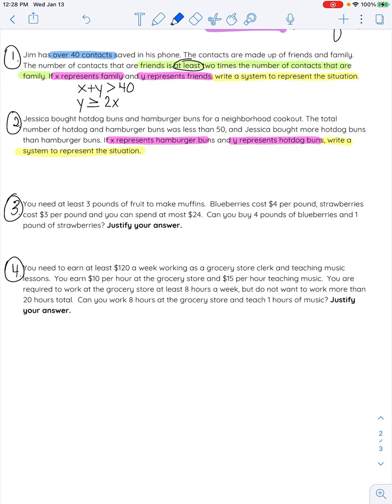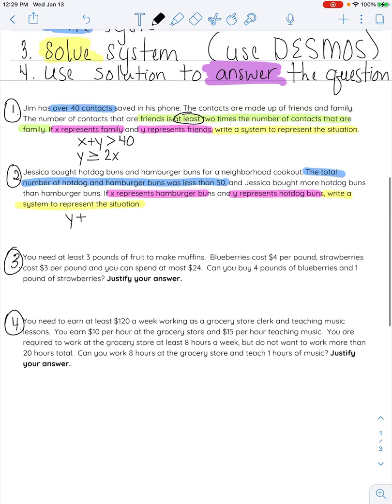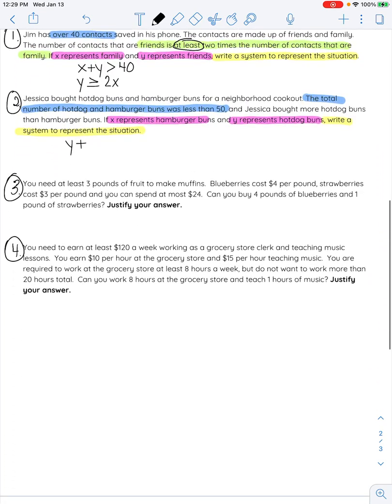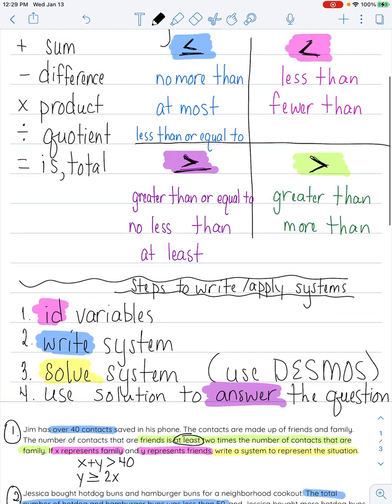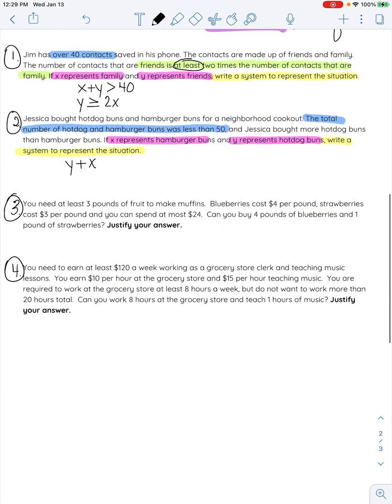The total number of hot dog and hamburger buns was less than 50. The total is another word that means addition. Was less than, well, that's straightforward. You're going to use your less than symbol, was less than 50.